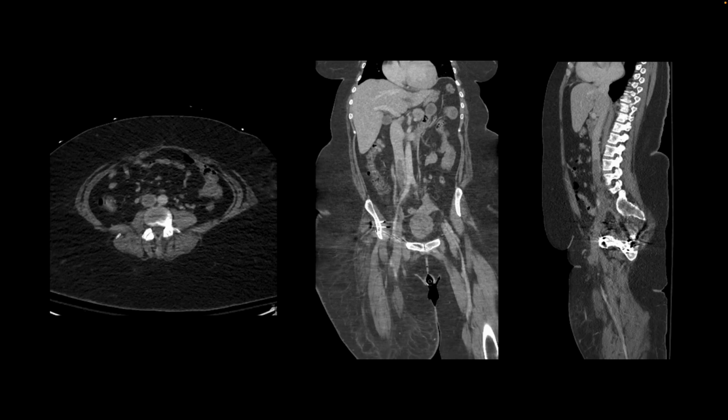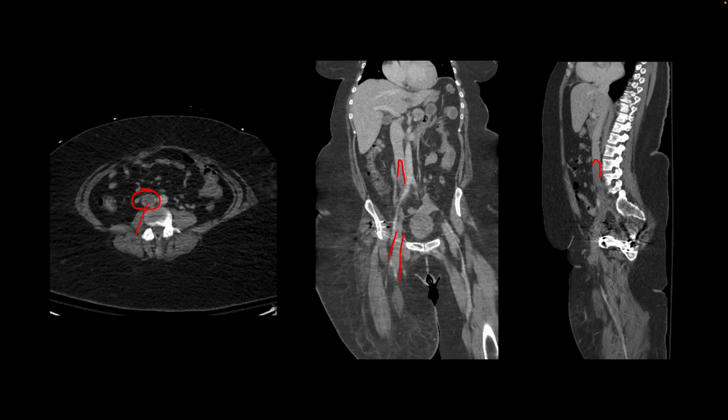Their axial image at the level of the IVC, we find that there is a filling defect or a hypoattenuation in the IVC, and on the coronal we find that there is this clot that extends up to that level into the IVC, and it starts from somewhere in the right lower extremity, and we see some of that here also.